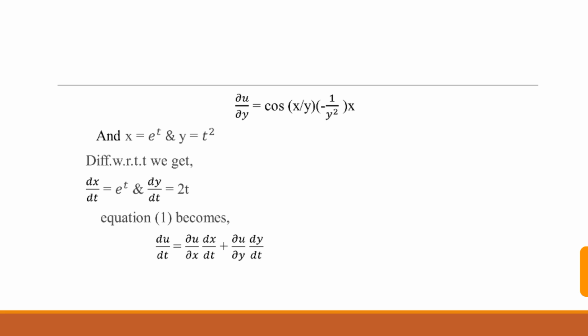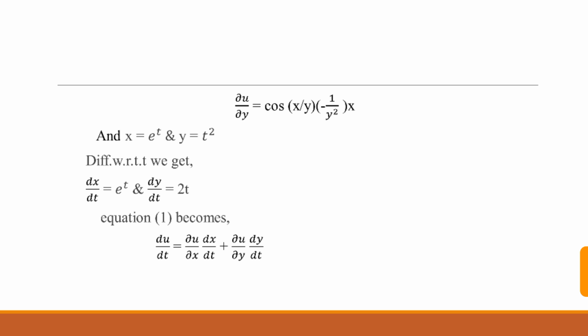Now differentiate partially with respect to y, and we get del u by del y is equal to cos of x upon y into the derivative of x upon y with respect to y, which is minus 1 upon y square into x.